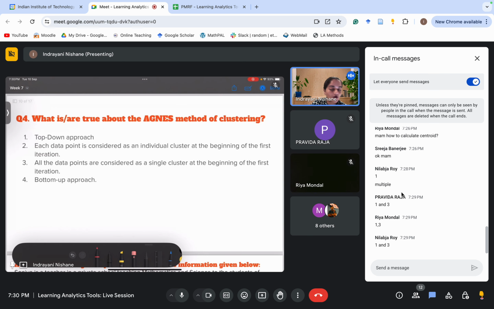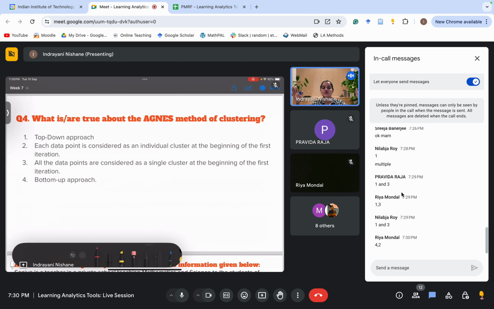What is or are true about the Agnes method of clustering? Options: Agnes is a top-down approach. Each data point is considered as an individual cluster at the beginning of the first iteration. All the data points are considered as a single cluster at the beginning of the first iteration. Bottom-up approach. There are two methods, Agnes and the divisive method.